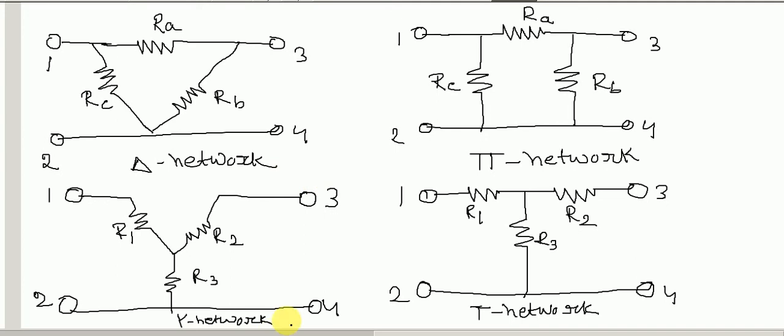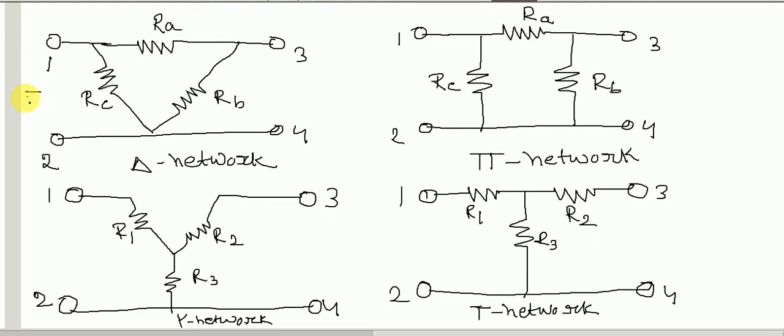One thing I can definitely say is that whenever I convert one type of network into another type of network, I cannot change the equivalent resistance between any 2 points. Try to understand, any 2 points. How is it possible?